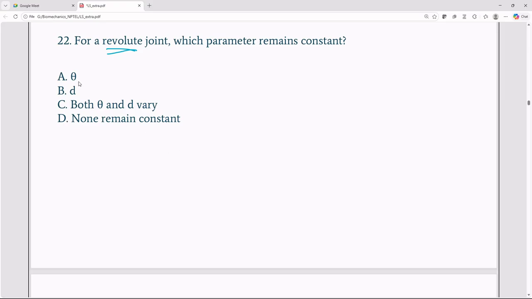Options are option A, theta, option B, D, option C, both theta and D will vary, option D, none of the parameters remain constant.